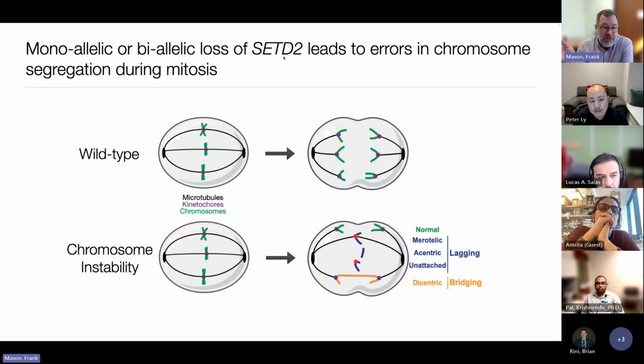However, when cells have chromosome instability, you can see here at the bottom right impaired chromosome segregation. Either you can have too many microtubules attached to chromosomes or too few, and then that can lead to lagging chromosomes that fail to segregate properly.